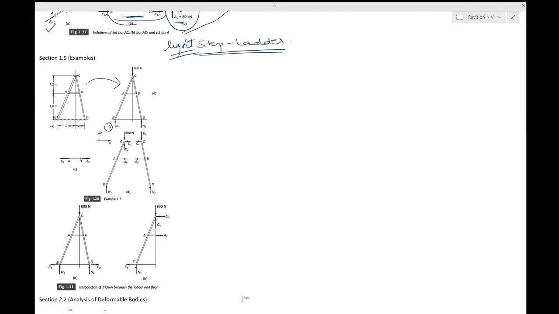Because it is given in the question that it's a light step ladder, what we are doing is taking the bars to be weightless. All the bars which you see are weightless. That's the first thing. The joints at A, B and C, which in most ladders are relatively free, have been idealized as frictionless pinned joints.